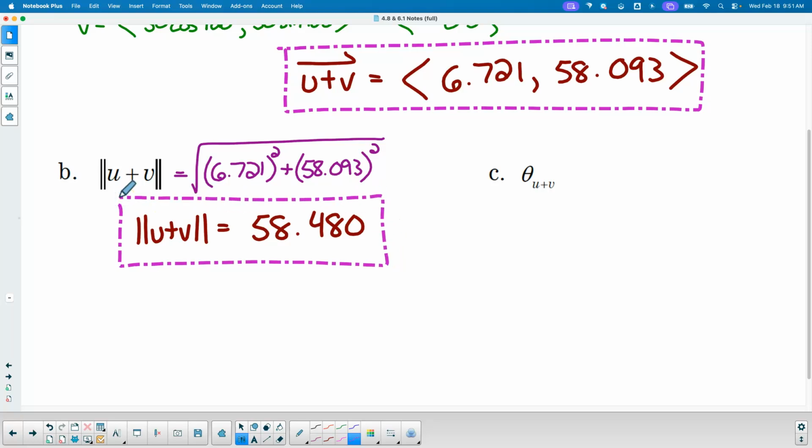We're in quadrant 1, so we can go directly to the direction angle.